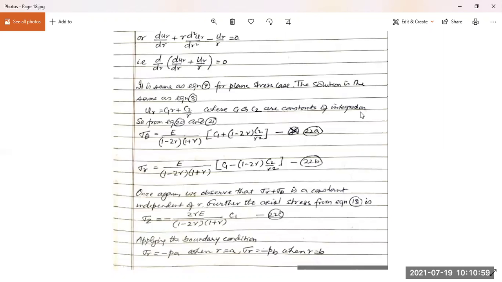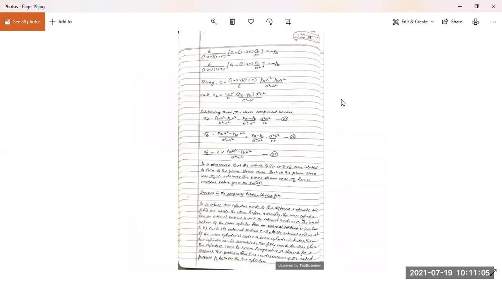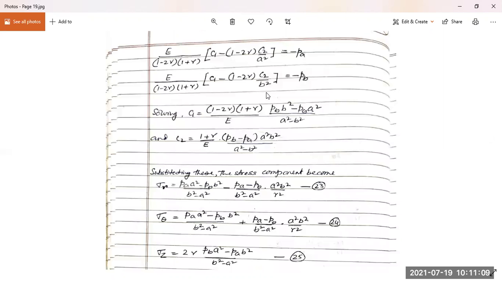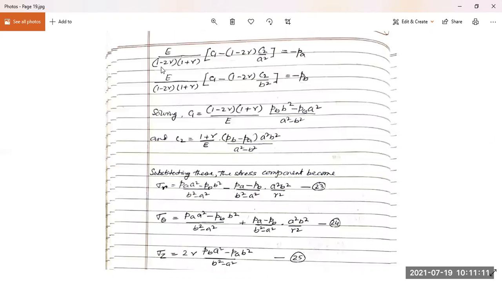So what happens here? E and 1 minus 2 gamma, 1 plus gamma remain the same as they are. No changes there. But here we are replacing r squared by a square, and here we are replacing r squared by b square.